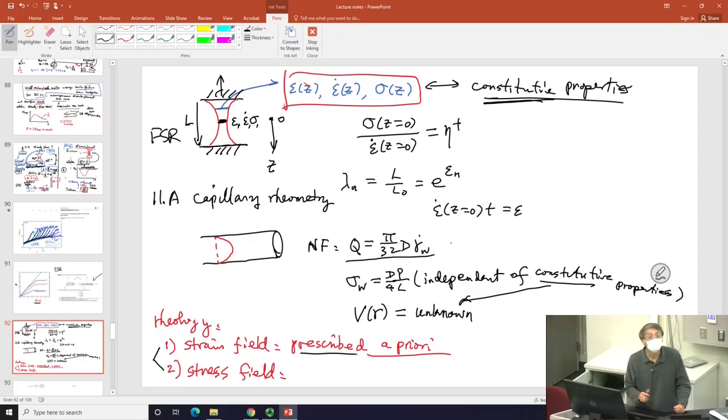If that's the way to do rheology, two things. One is it's very convenient because this is already prescribed, you only need to do this. And second is, if this is not true, then we're in trouble. That's why we were in trouble when we saw shear banding. Because when you have shear banding, it means your strain field was not prescribed a priori, meaning before you do it, you don't know. Okay?